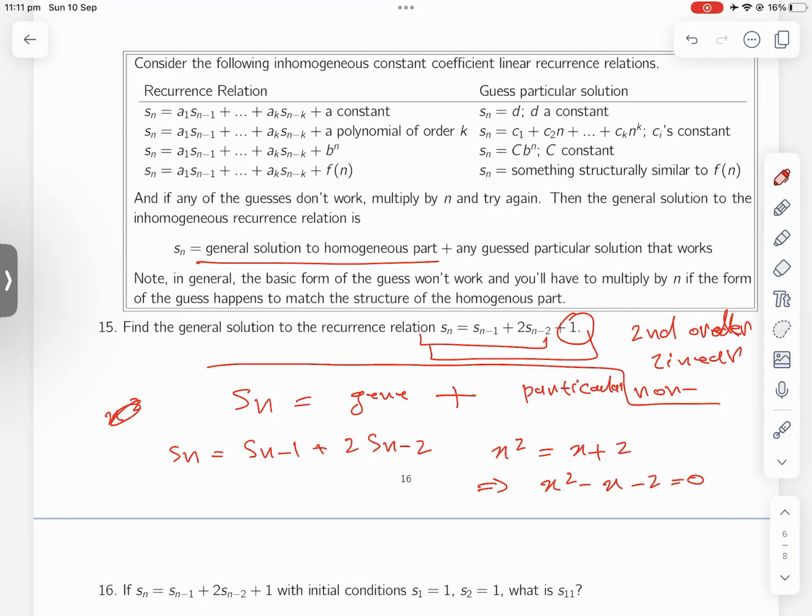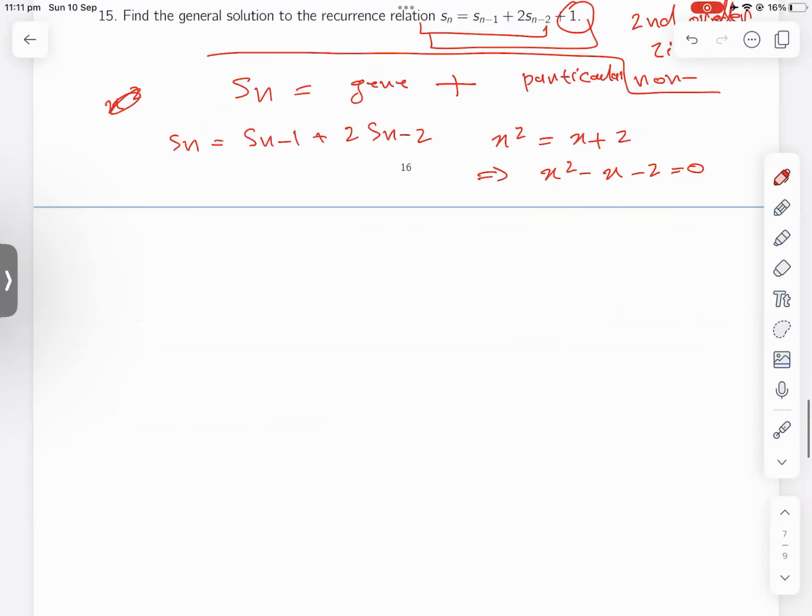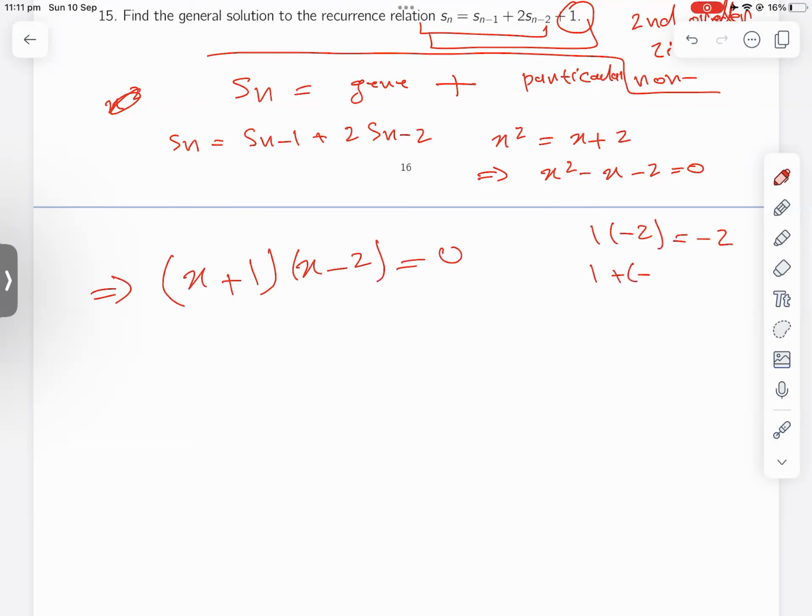So x will be plus 1 and x minus 2, because 1 times minus 2 is minus 2, and 1 plus minus 2 is minus 1, which satisfies here and here.